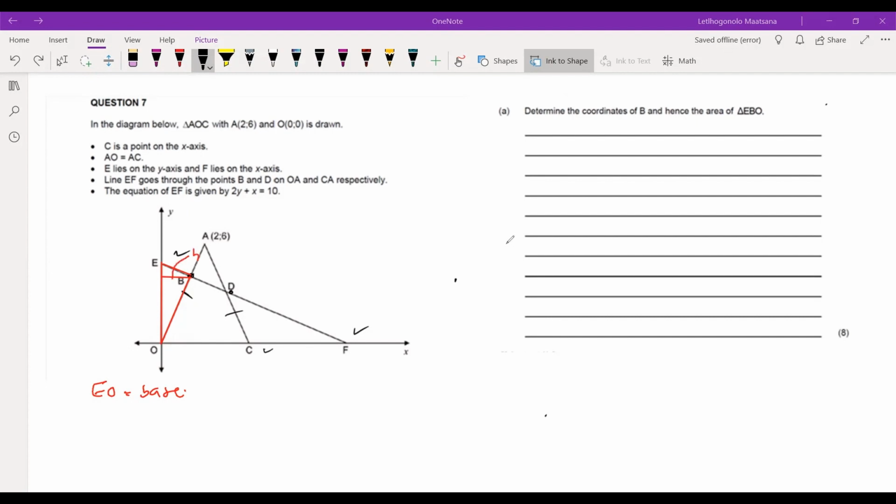Okay, so the first thing we need to do is determine the point B. The point B is where the line OA meets the line EF. So we will have an equation y = mx + c.